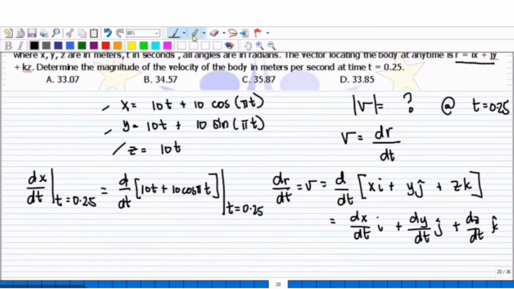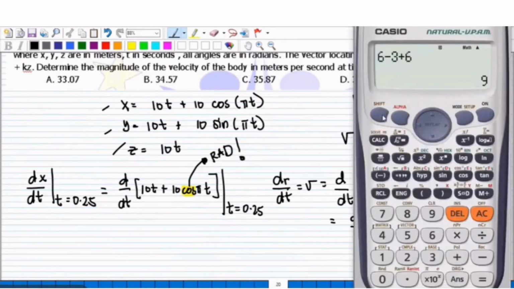But take note, meron po tayong cosine, so we will adjust your calculator, gawin nating radian mode yung calculator natin. Shift mode, radian. Ayan. So, shift integral po. This will become 10x plus 10 cosine of pi times x. Kung ano yung nag-open, siya na yung magko-close.